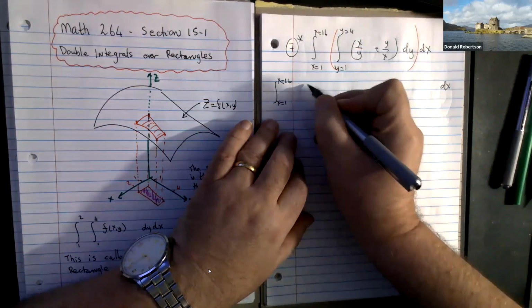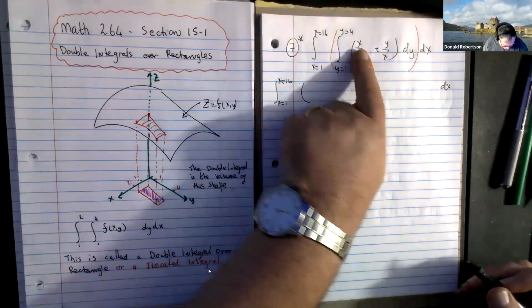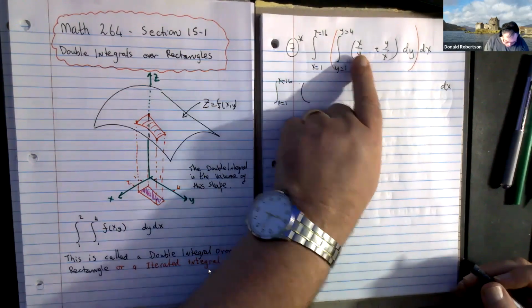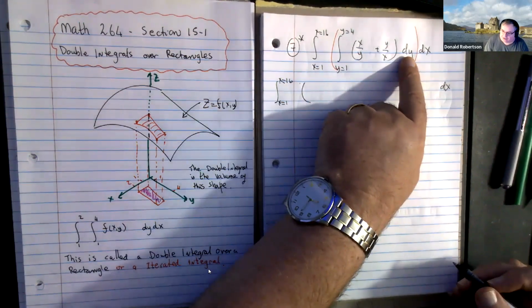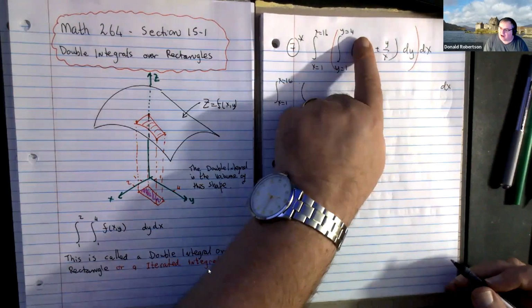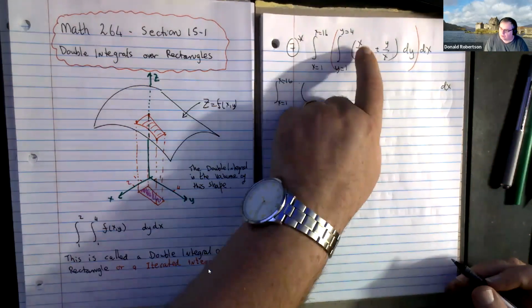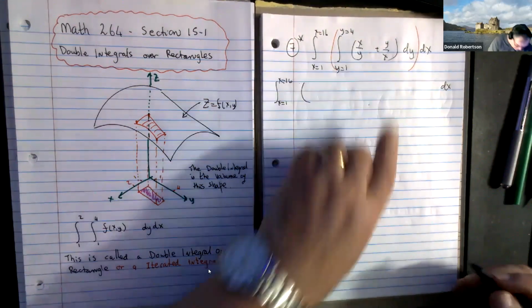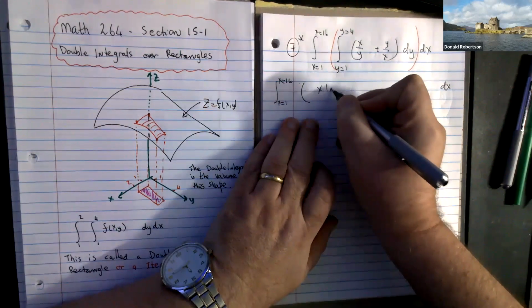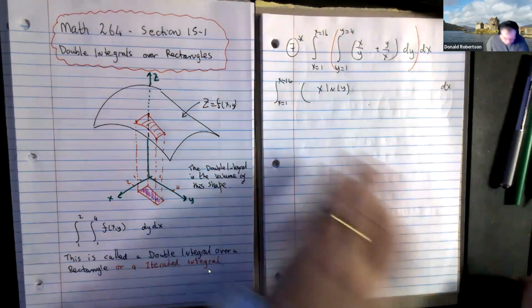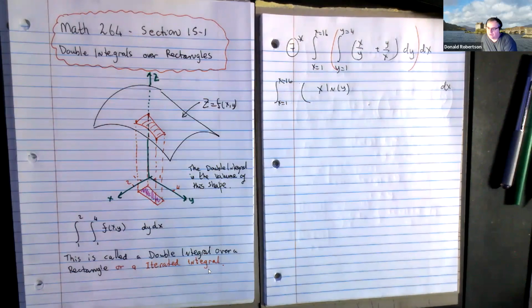Okay, let's see what that's going to look like. X over y is going to be integrated with respect to y. That's like 5 over y, right? 10 over y. If you integrate x over y, you will get x natural log of y. Are you cool with that? X over y gets you x natural log of y.